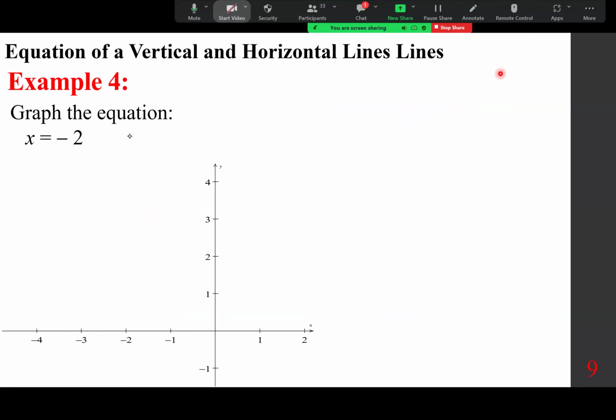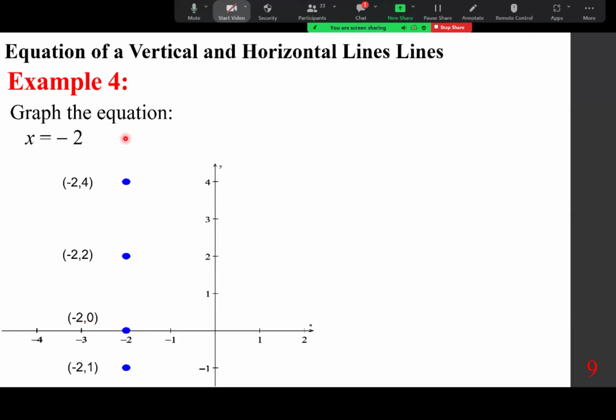Vertical and horizontal lines. You should recognize this is a vertical line. Basically locate the x-intercept at negative 2, 0, and that's the line. However, you can put a few points. This is the most important point for me: any vertical line has an x-intercept, no y-intercept.